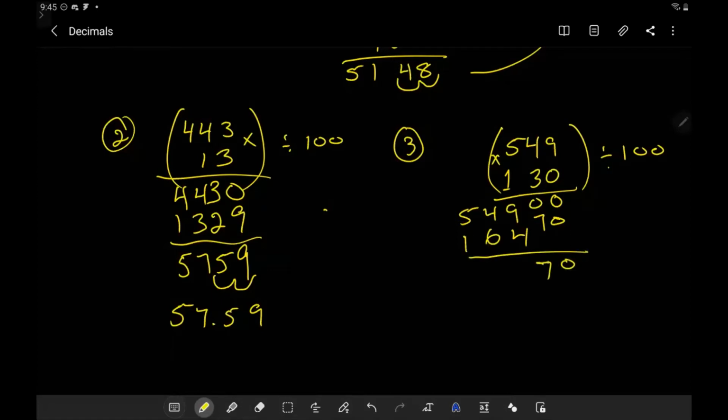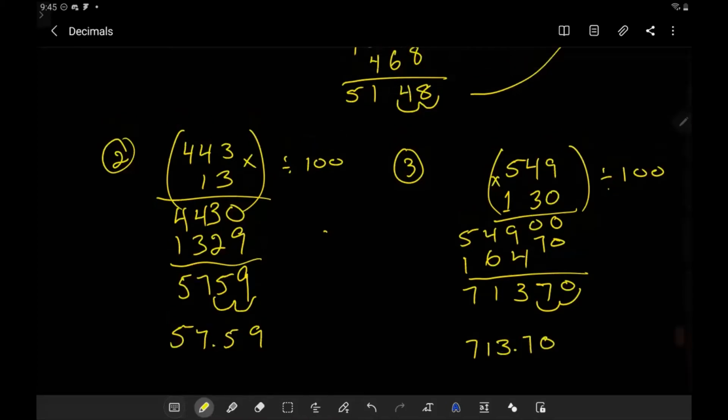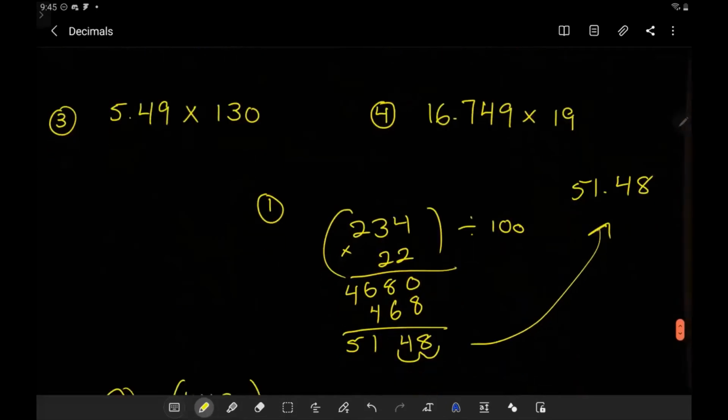So you have 0, 7, 13, 11, and then we have 6, and 1 is 7. Remember to divide by 100, and you'll get 713.70. Right, and number 4, finally, and that will take us to the end of the video.